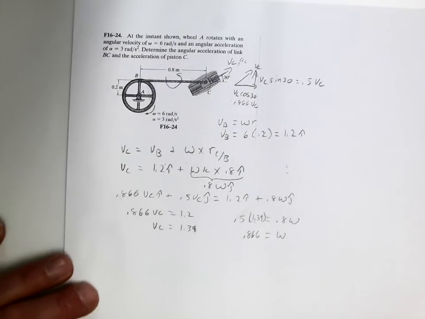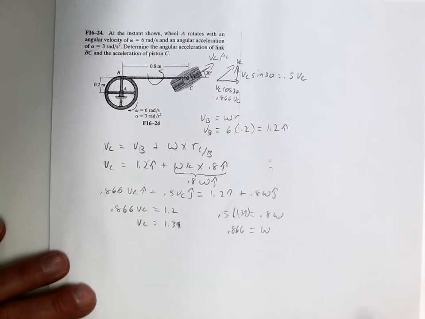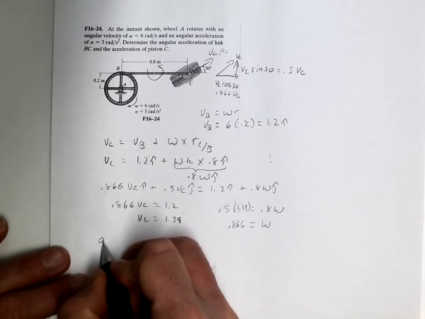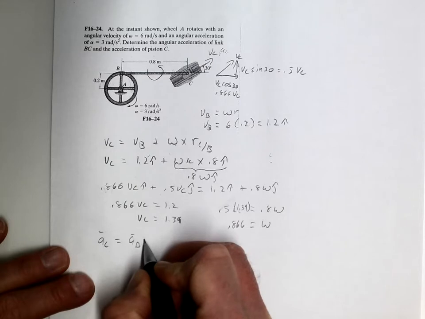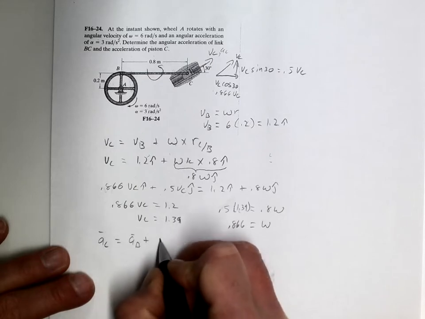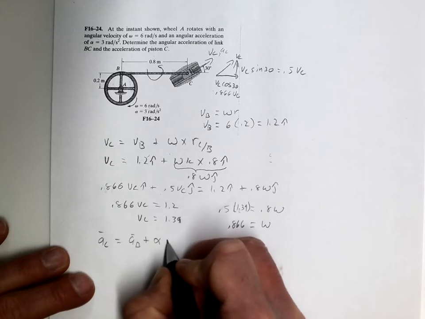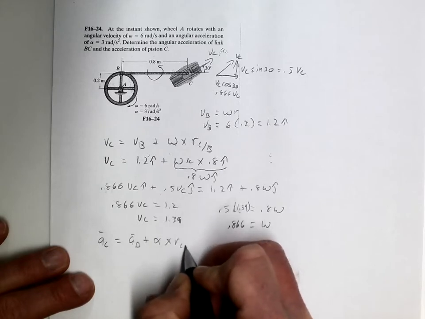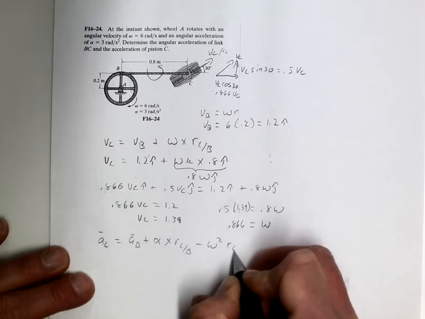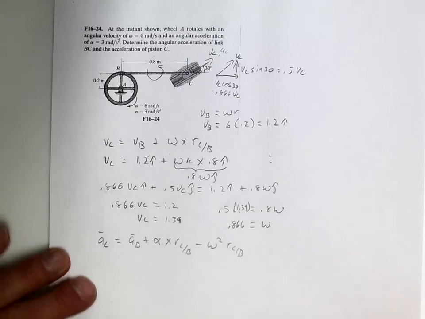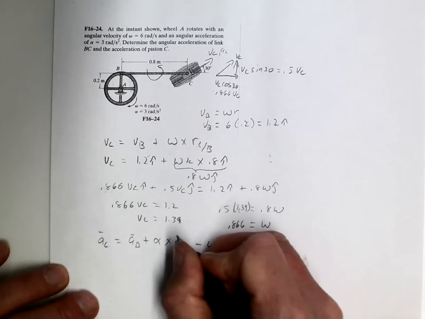Now let's write out the A equation. So AC is equal to AB plus alpha cross RCB minus omega squared RCB. And those are all vectors.